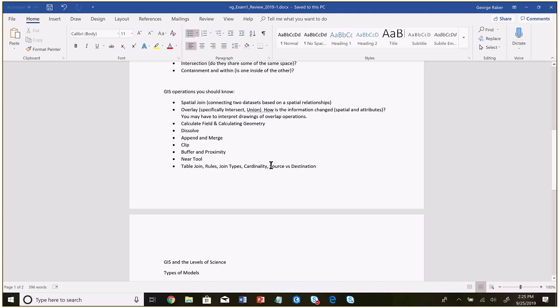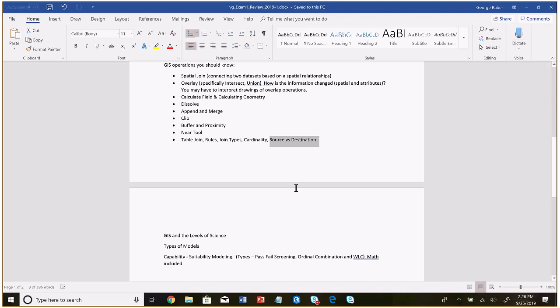The source versus destination is important, to be able to recognize which one's getting the data and which one's giving the data. So given a particular scenario, which one should be receiving the data and which one should be giving the data? Which one's the source versus the destination, or the target versus the join table.